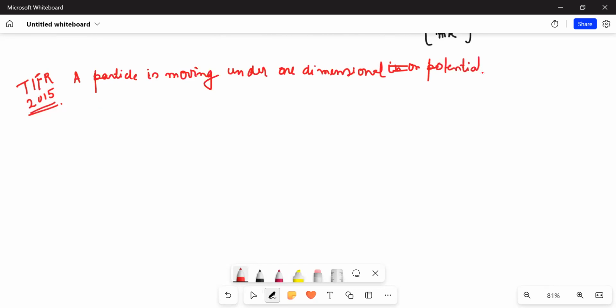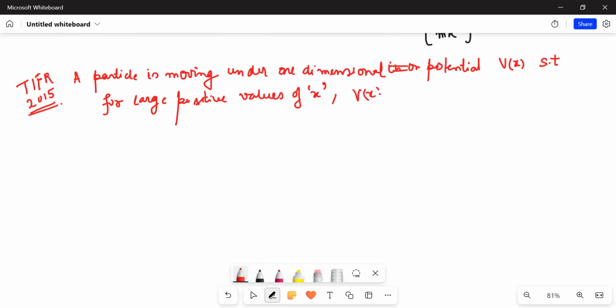V(x), such that for large positive values of x, V(x) is equivalent to kx^β, where k is a positive constant and β is greater than or equal to 1.